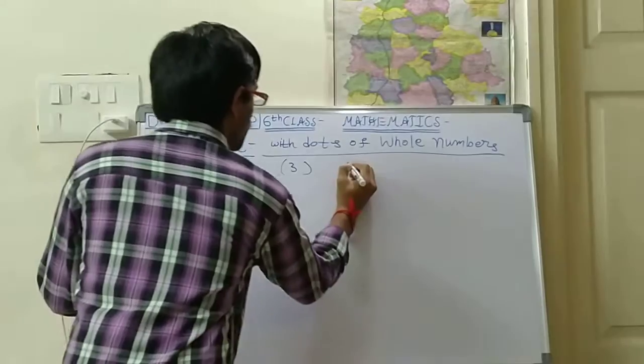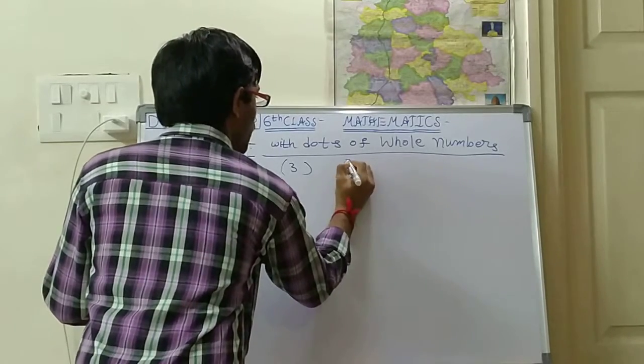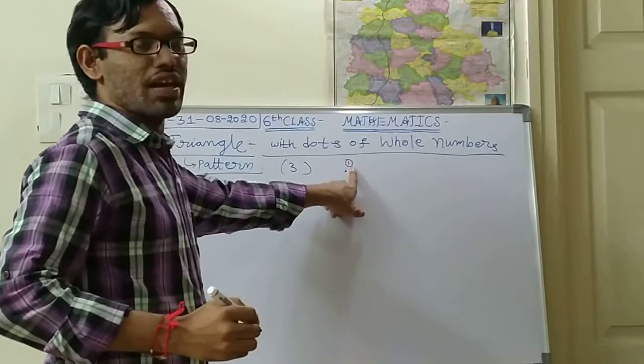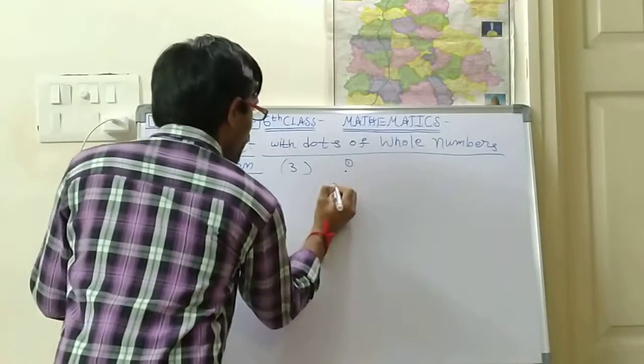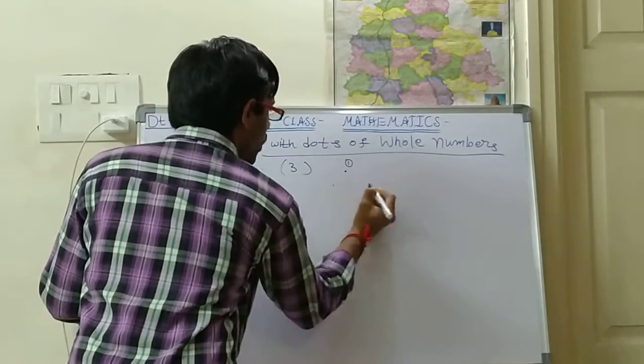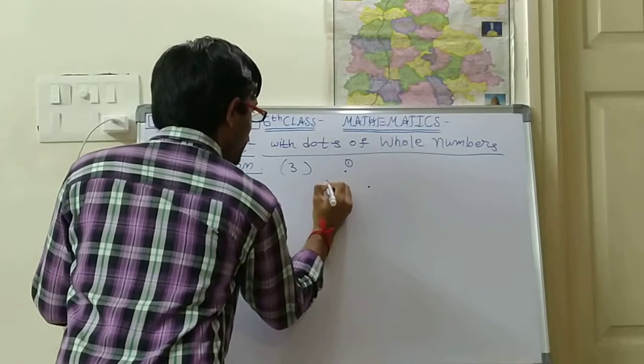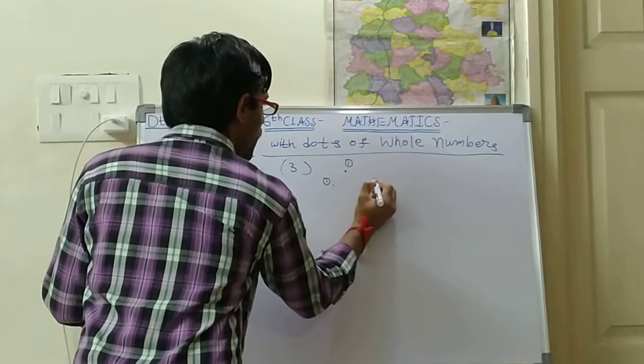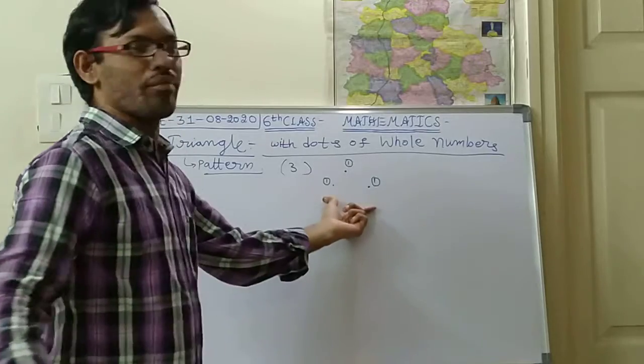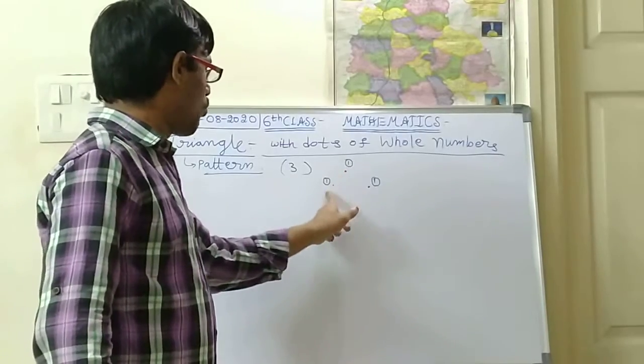Okay, next suppose number this as 1. Next here one dot, here another dot. Number this one also as 1, this two also number 1. Okay, 1 1 1.